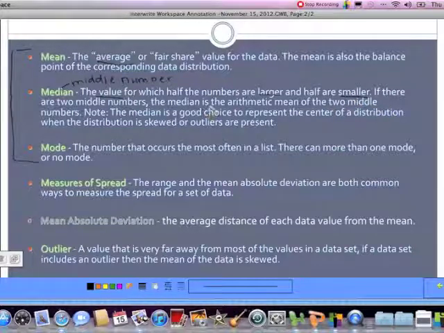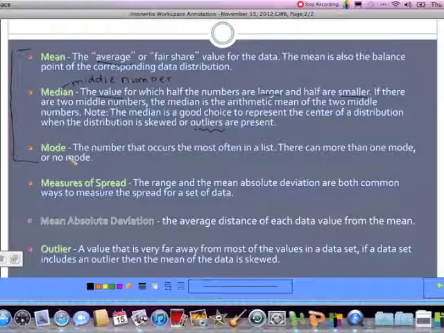If there are 2 middle numbers, the median is the arithmetic mean of the 2 middle numbers. And just a side note, the median is a good choice to represent the center of a distribution when the distribution is skewed or outliers are present, and we'll discuss outliers and what those are shortly.